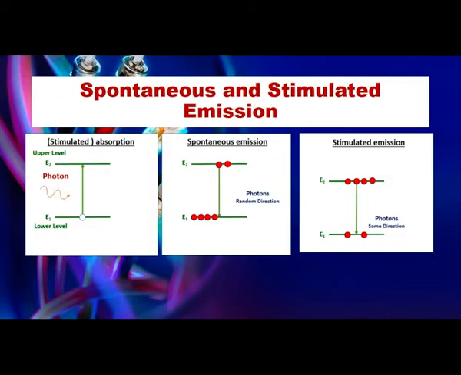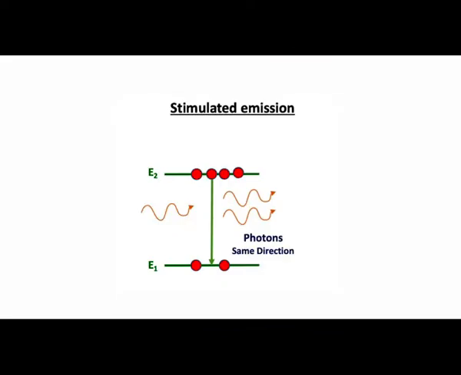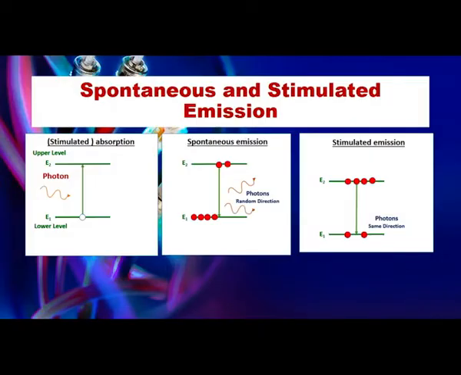What is population inversion? Immediately you can see in the diagram. In the third diagram, you see the number of atoms in the excited state is more than the number of atoms in the lower energy state. In the previous case, in the case of spontaneous emission, the number of atoms in the lower energies is much greater than the number of atoms kicked up to the excited level.